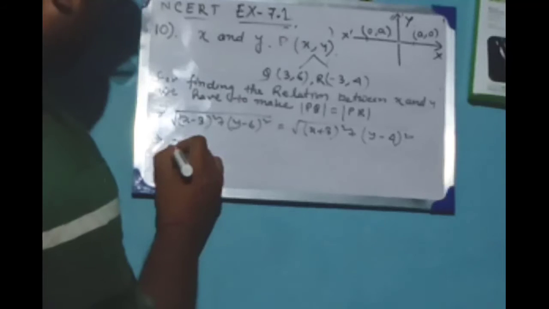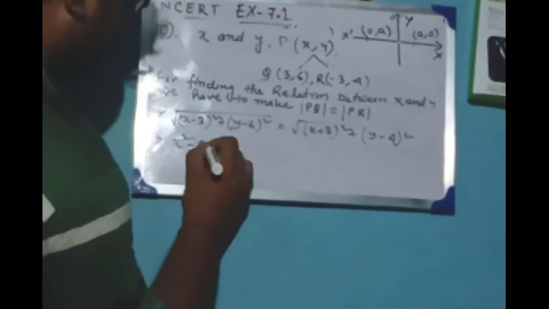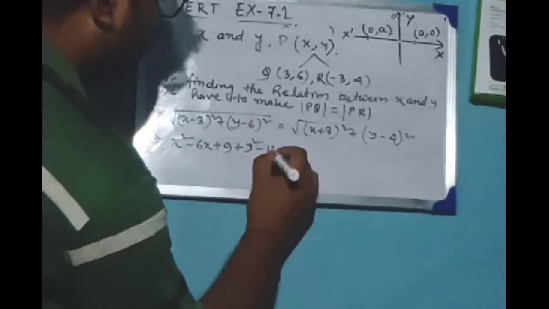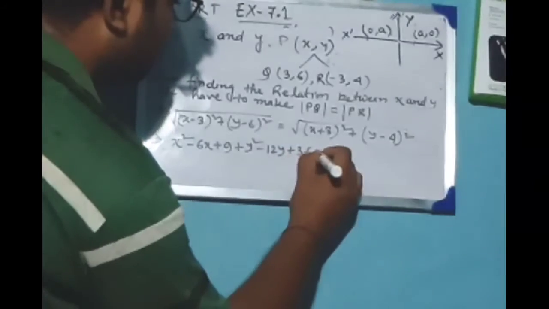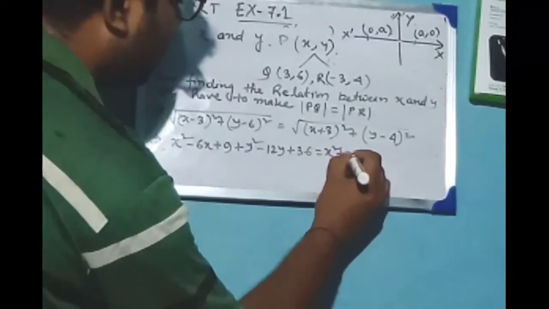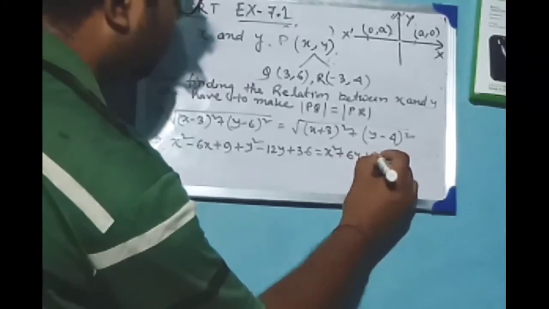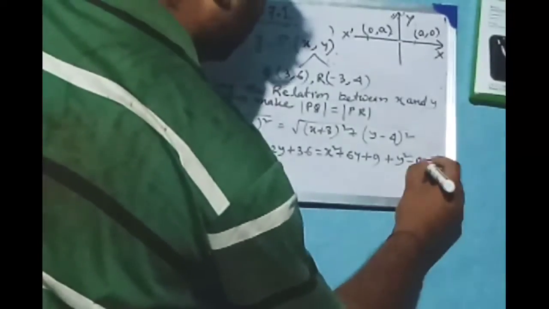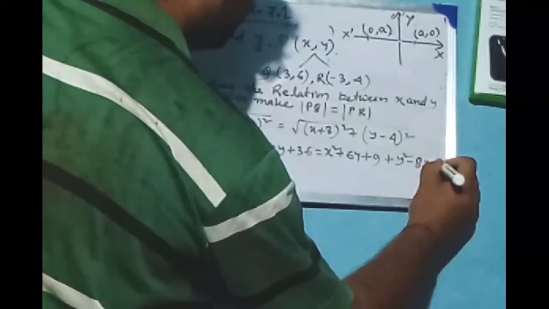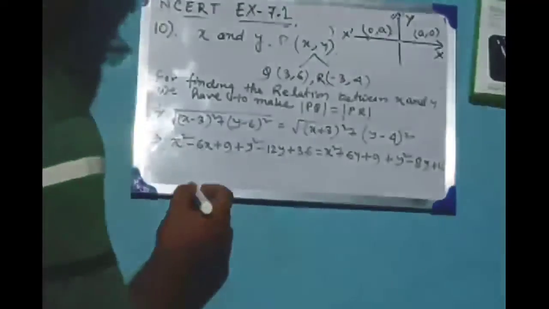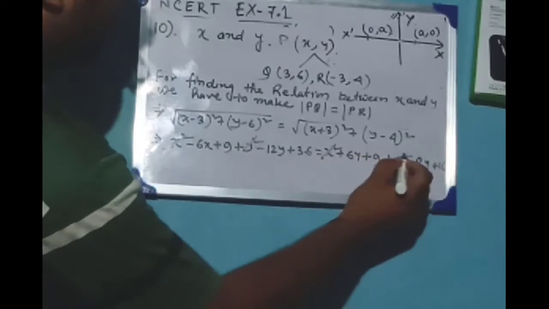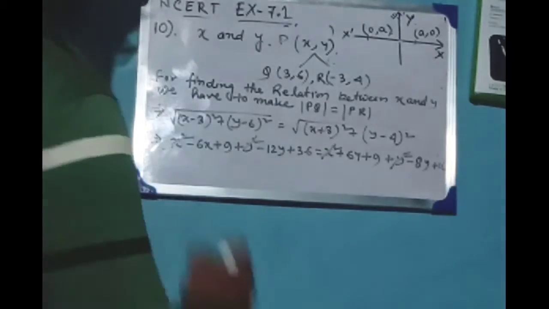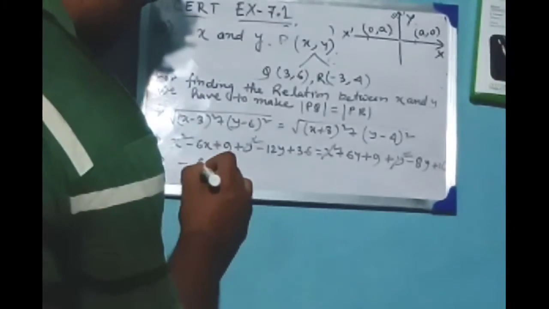Squaring both sides, this will be x square minus 6x plus 9 plus y square minus 12y plus 36, that's equal to x square plus 6x plus 9 plus y square minus 8y plus 16. Now x square and y square will be cancelled out first. Next, there will be minus 6x.